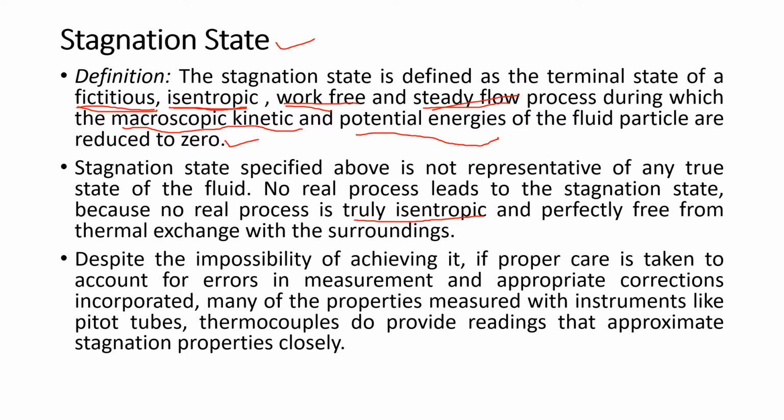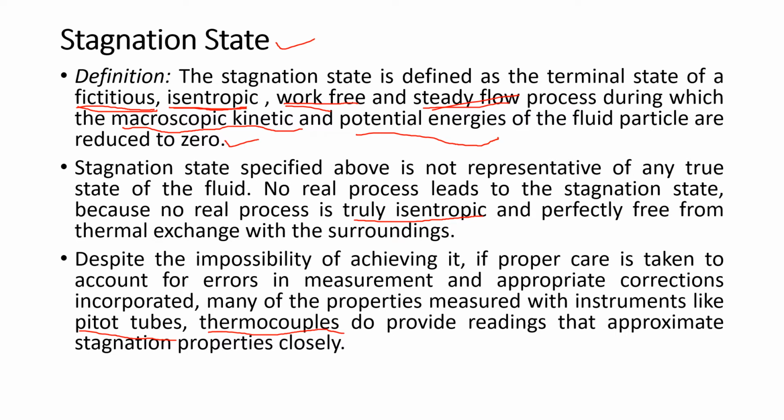But despite the impossibility of achieving it, if proper care is taken to account for errors in measurement and appropriate corrections are incorporated, many of the properties measured with instruments like the pitot tube and thermocouples do provide readings that closely approximate stagnation properties.